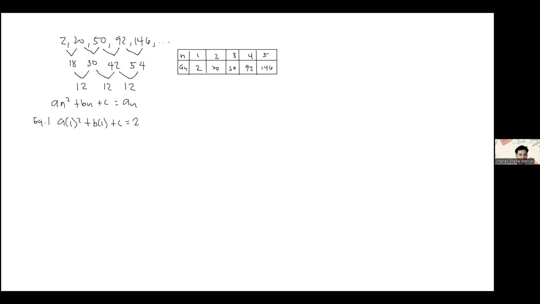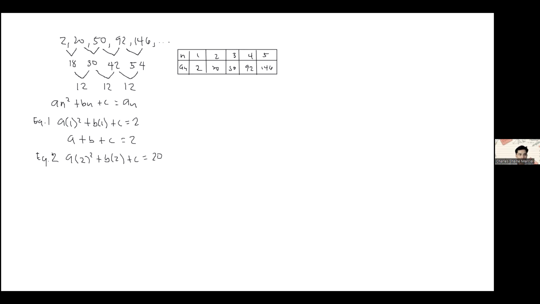Okay, so for a sub 1, or 1 squared, we have a(1)² + b(1) + c = 2, so a plus b plus c is equal to 2. So let's find equation 2. We have a times 2 squared plus b times 2 plus c is equal to 20, yung pang second term.